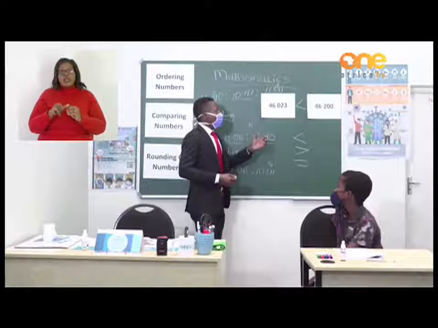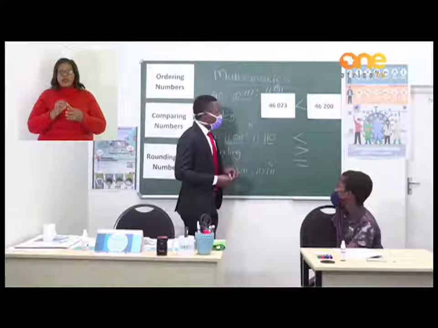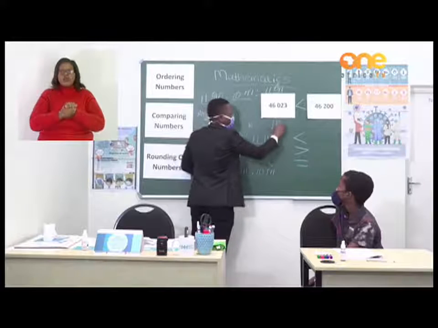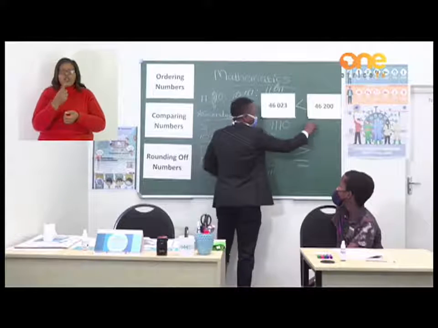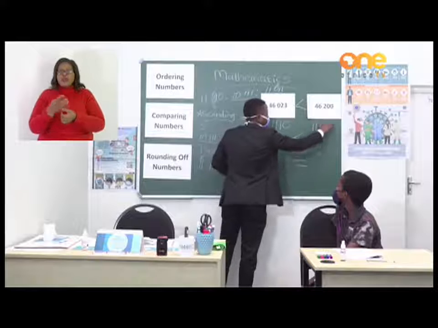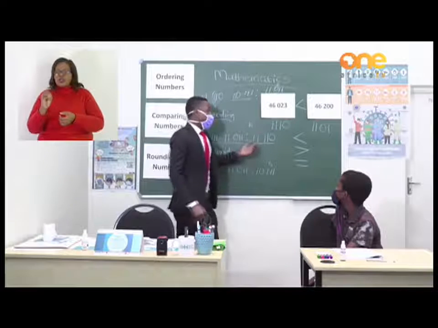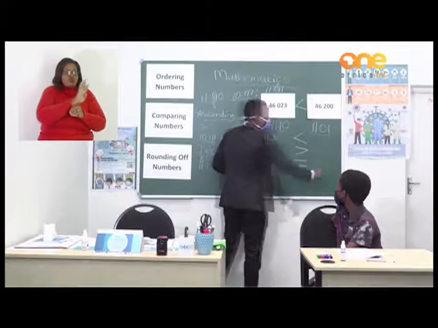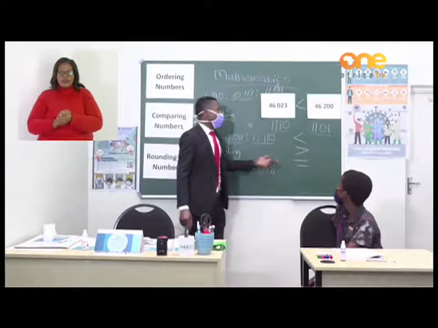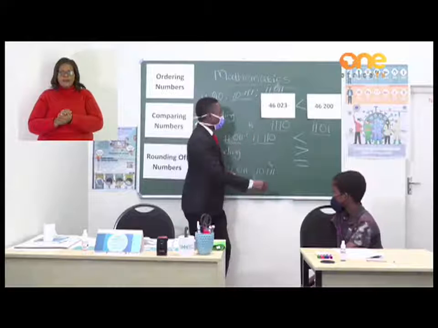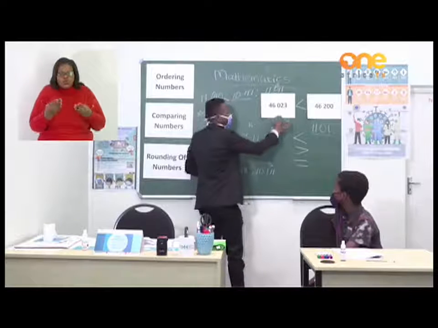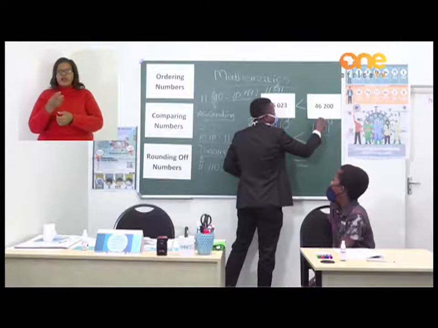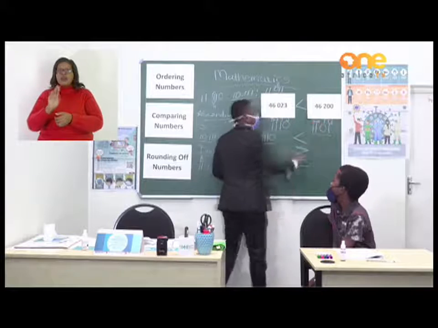So in most cases, some numbers are confused. Come in this manner, you might have 1, 1, 1, 0, and then you have 1, 1, 0, 1. How many digits do you have here? I have 4. How many digits you have here? You have 4. And then to compare, this is unit, 10, 100, and 1,000.